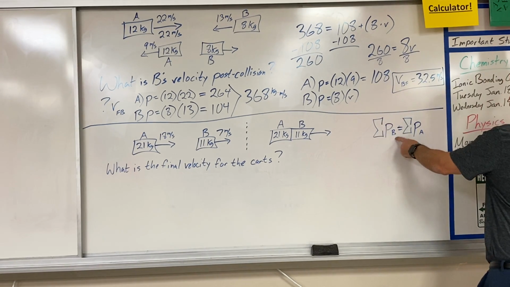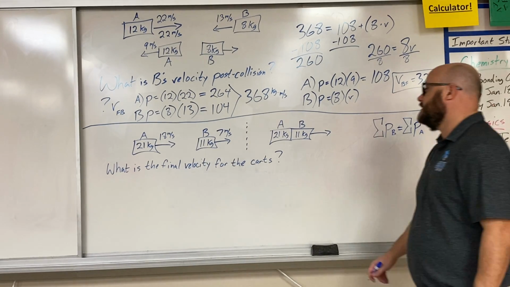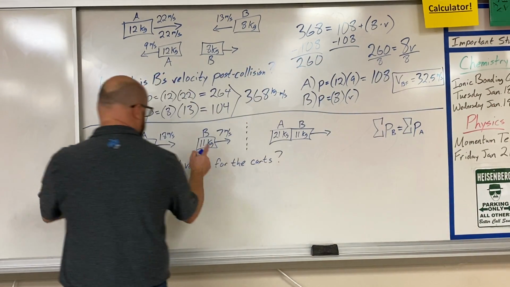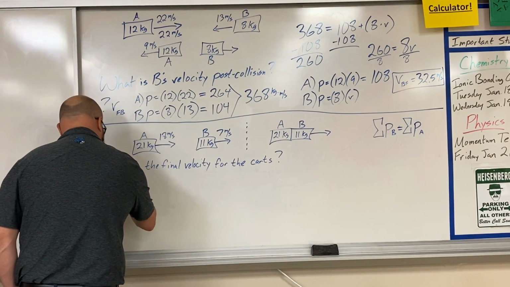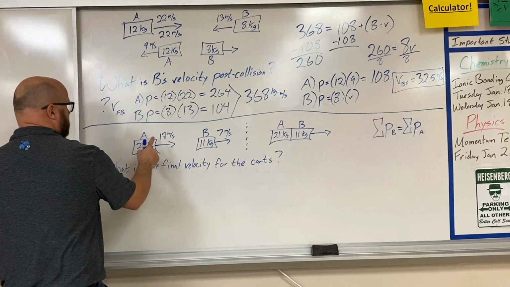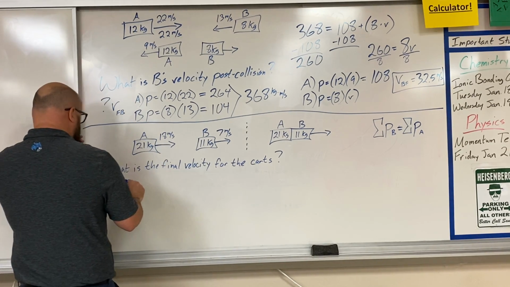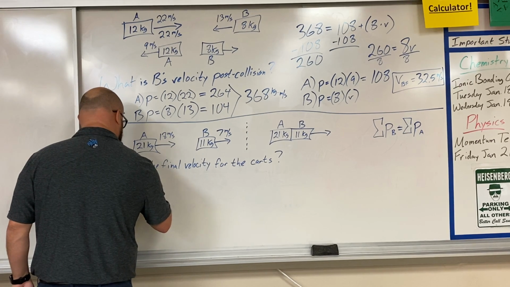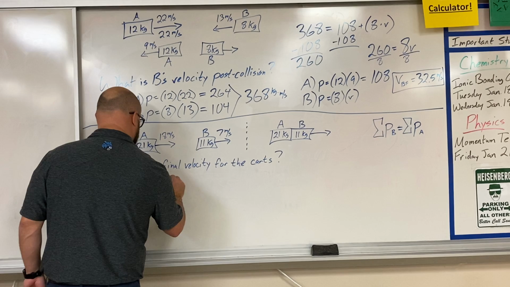Total momentum before has to equal total momentum after. So let's find out what the total momentum before is. So first off, we're going to find A and B. So A, we know P equals mv, mass of 21, velocity of 18.